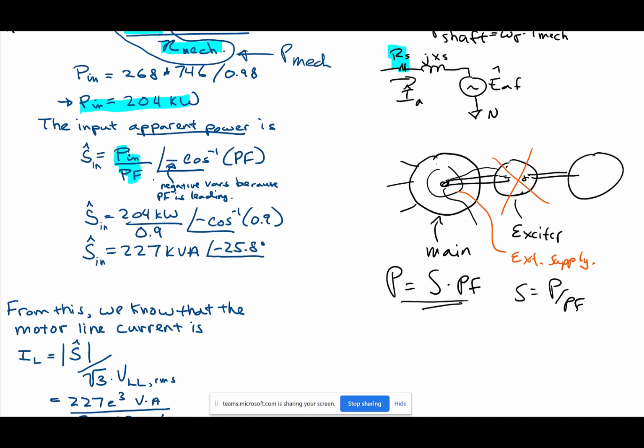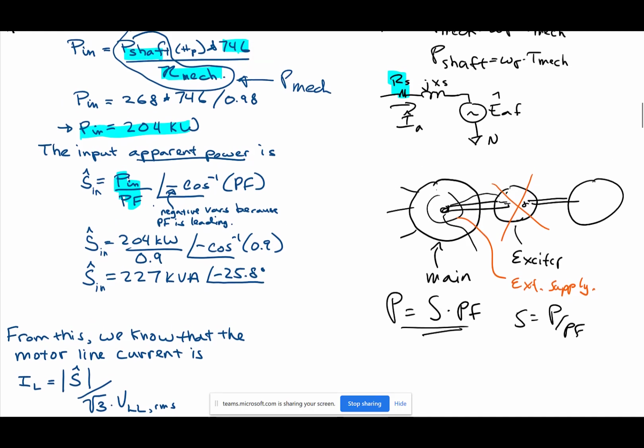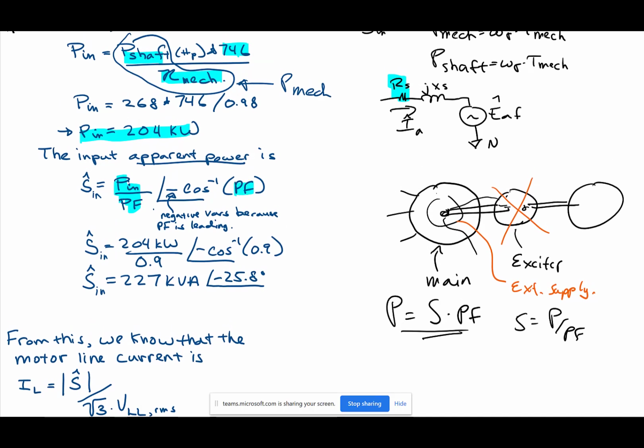So we have a magnitude for the volt amperes applied. We've been given the power factor angle. We know that it is a leading power factor, and remember that a leading power factor gives you negative VARs. So there's a negative on the power angle. And as a result, we plug all this in, we're going to get 227 kVA at minus 25.8 degrees, which is our power angle.